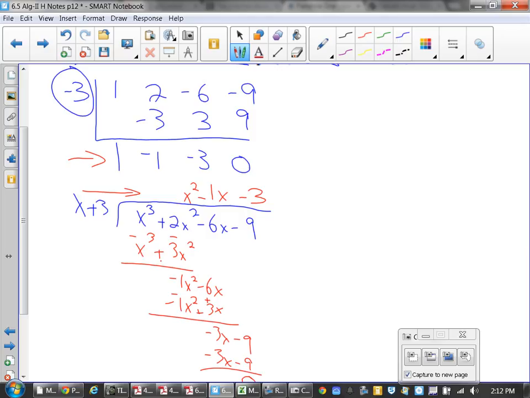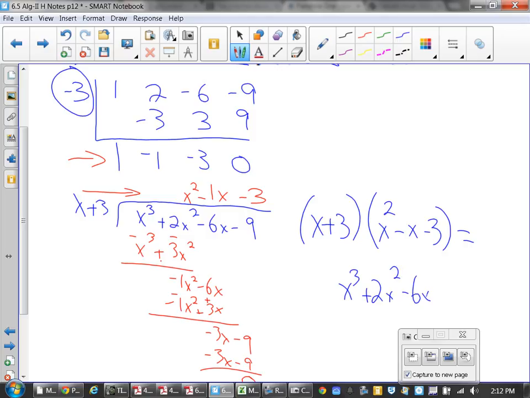Basically, what you're telling me is the following. x plus 3 times x squared minus x minus 3 equals x cubed plus 2x squared minus 6x minus 9. You factored out something you couldn't factor before. You found out that x plus 3 was a term. Negative 3 is a 0.